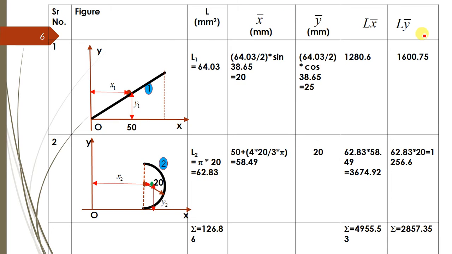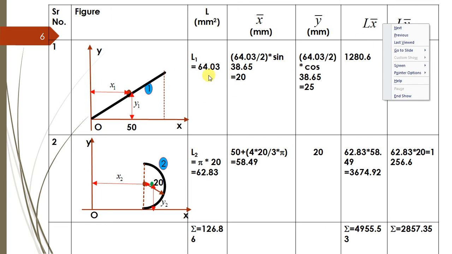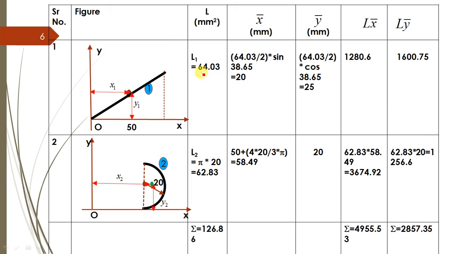Here I have found 64.03 or 64.02, one and the same. 64.03 is the length of this line. Now we have to find x bar. So x1 bar is this much distance. This angle is 38.65 and this angle is also 38.65.